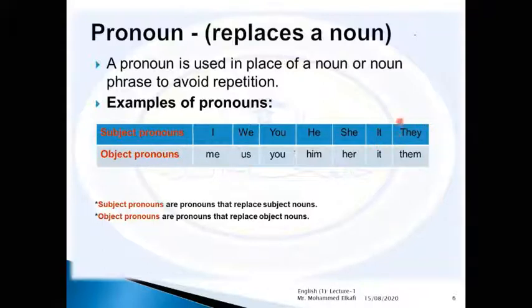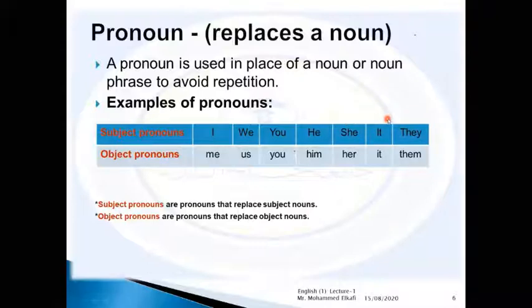They is used for plural. It is the plural pronoun, the plural of he or she or it. Ahmed and Muna, you can say they. Ali and Sarah, they. Ahmed and Umar, they.